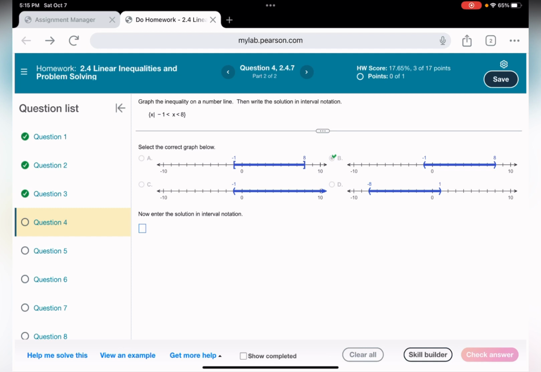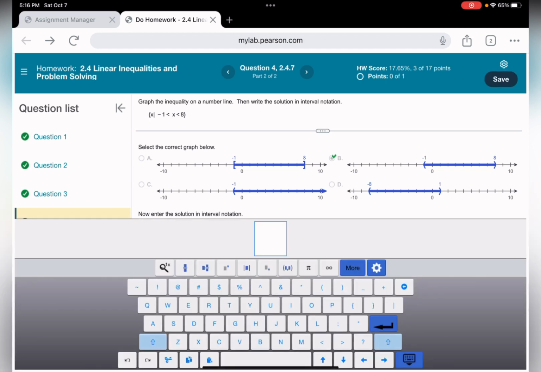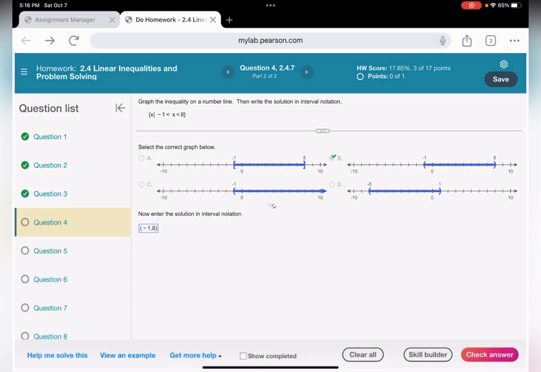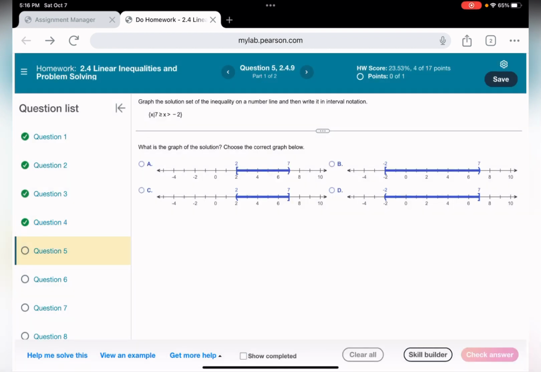It's going to be parentheses, negative 1, comma, positive 8, parentheses. Next question.